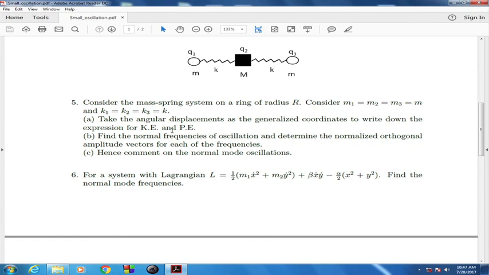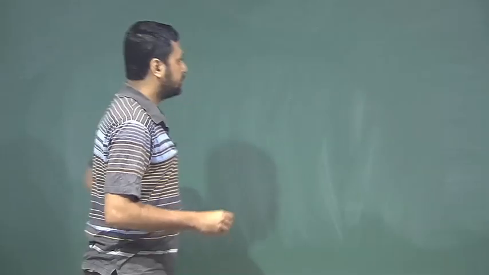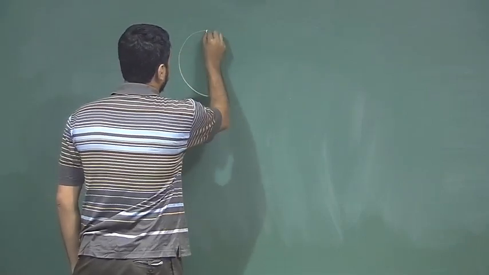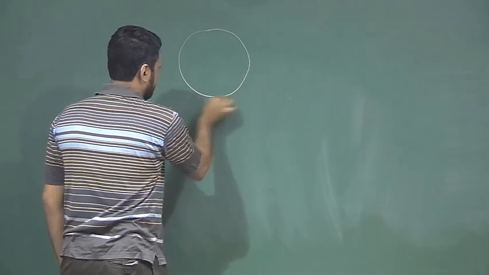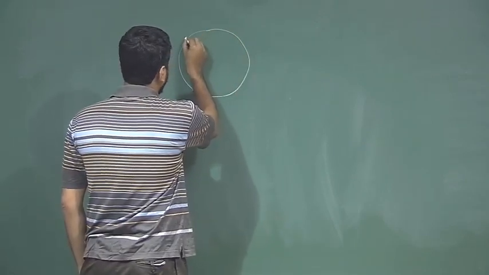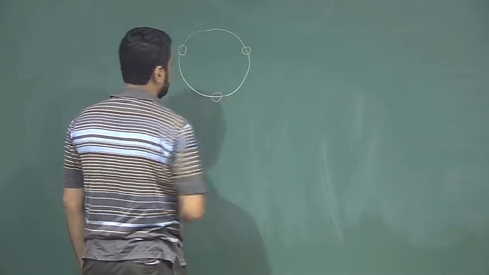Okay. So, let us look at this picture once again. We have a spring mass system which is on this rim. They are evenly spaced, so one here and one here.